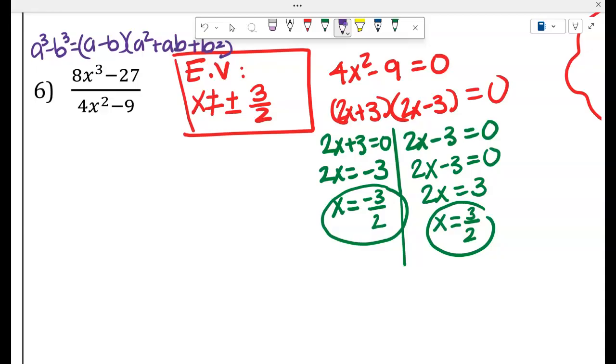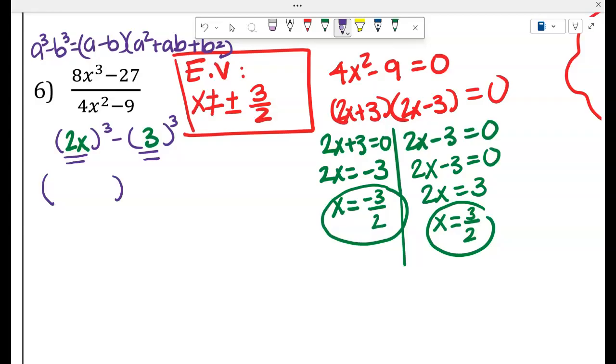So on the top, it's something to the third minus something to the third. Now, 8x to the third, for us to have it cubed and be exactly 8x to the third, this has to be 2x. Similarly, 3 to the third will allow us to have 27. So on the numerator, your a is 2x and your b is 3.